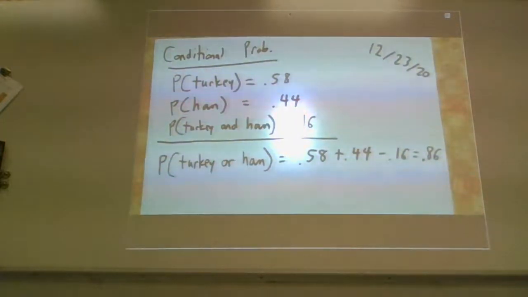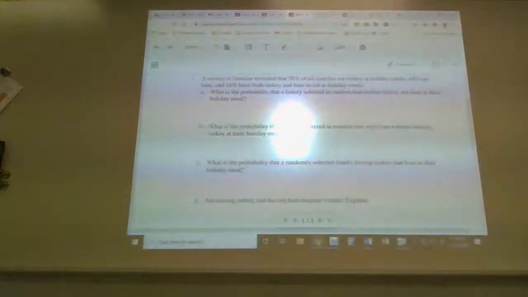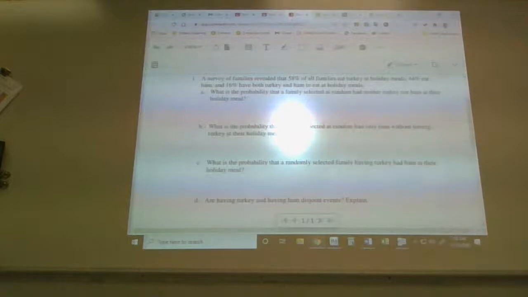Now, that is not your answer to part A. It absolutely is not. What that 0.86 represents is the probability that they would have one or the other. And the way that the question is worded is, what is the probability that a family selected at random had neither turkey nor ham?